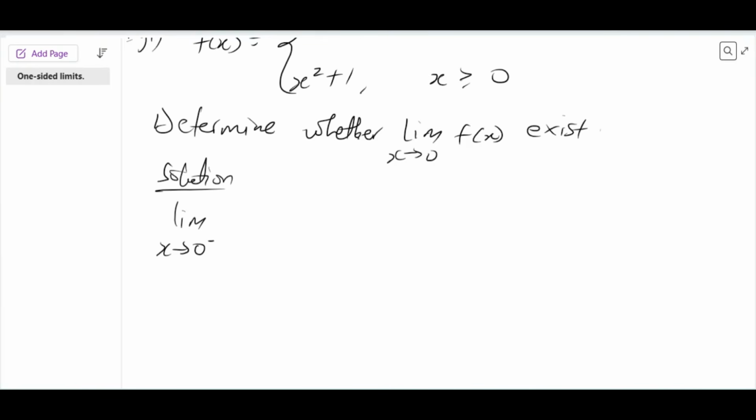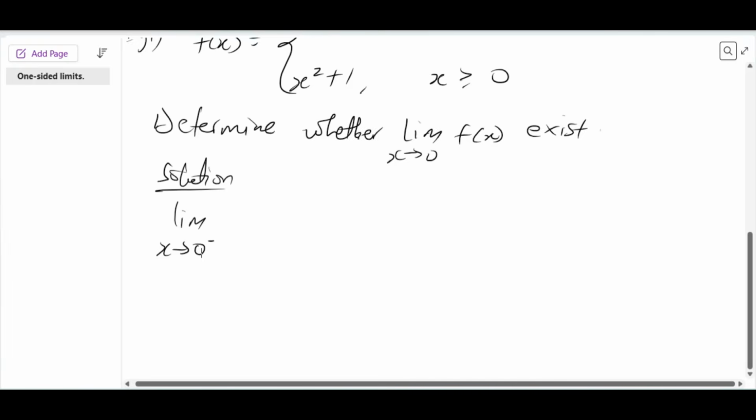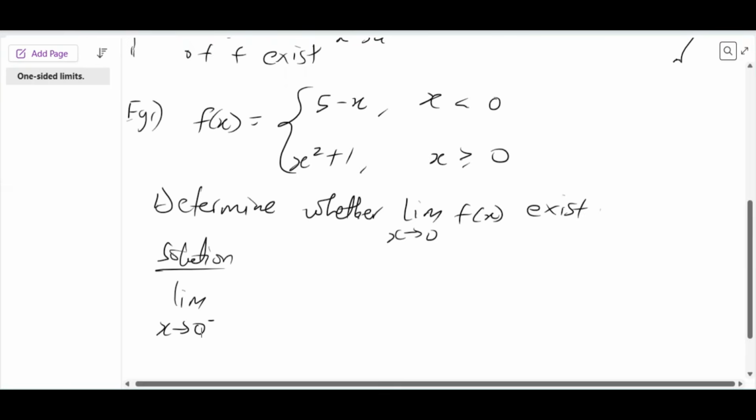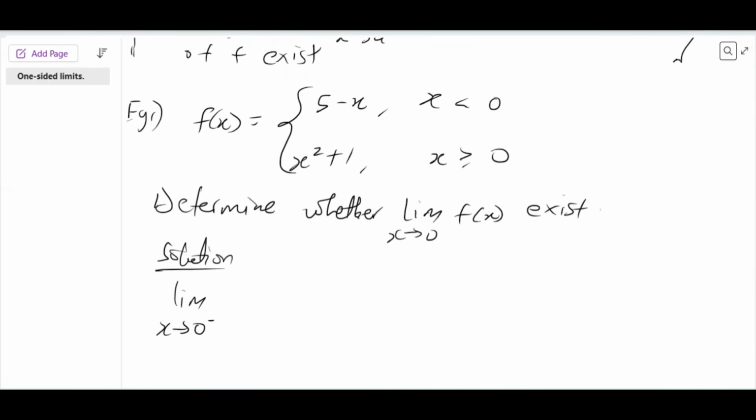Here f of x is a piecewise function. It is 5 minus x when x is less than 0, and x squared plus 1 when x is greater than or equal to 0. This symbol shows that we are approaching 0 from the left, and that's the limit we are finding. If we are approaching from the left, it means we are considering all the values less than 0.